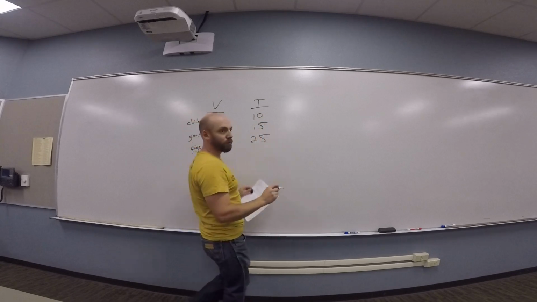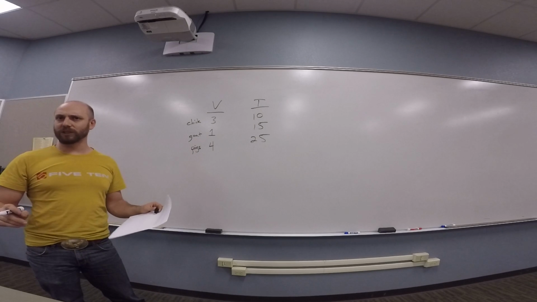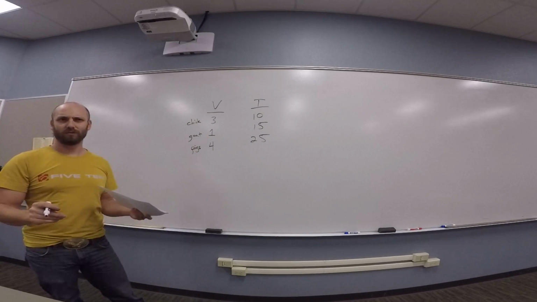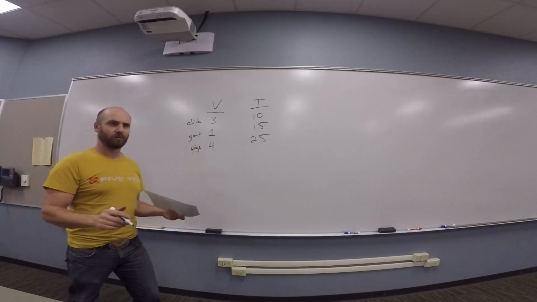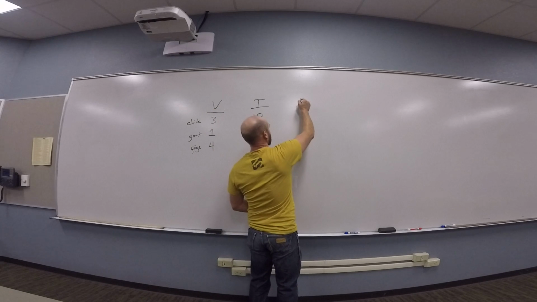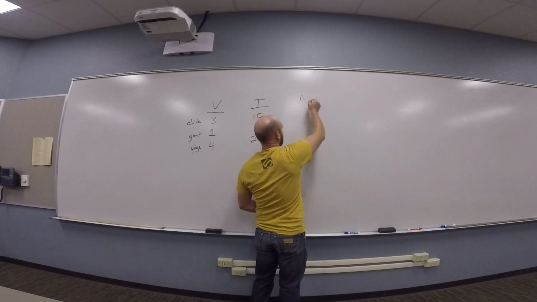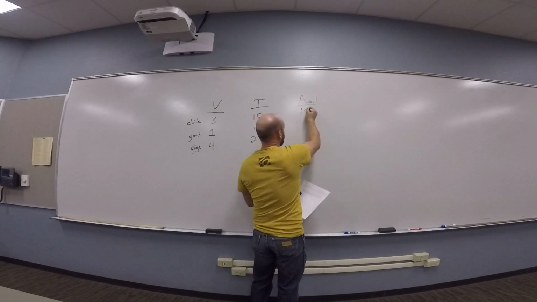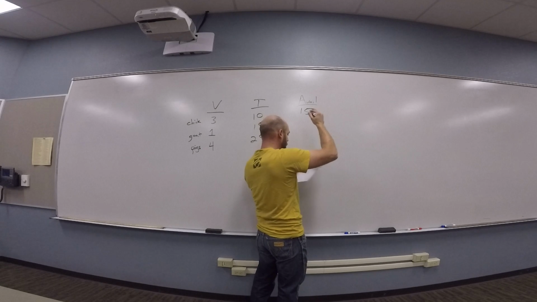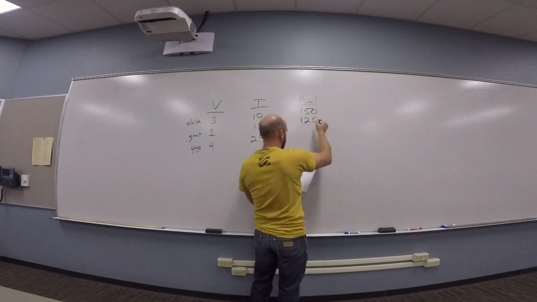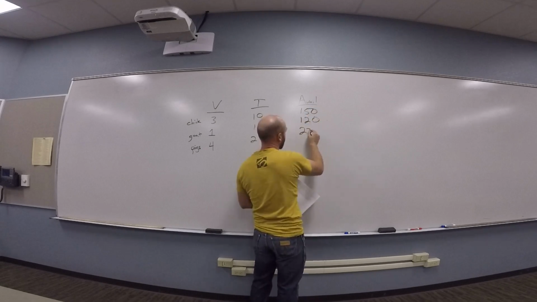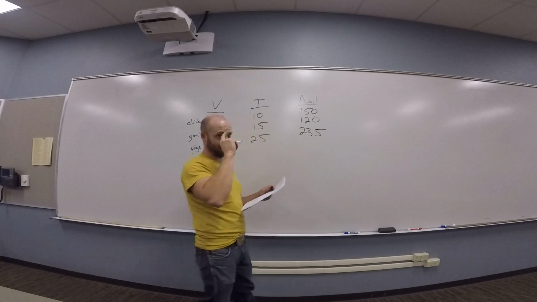And then total you have 150 chickens. What does that correspond to? That's like available or something? Yes. So available, there's 150 chickens, there's 120 goats, and 235 cute little baby pigs.